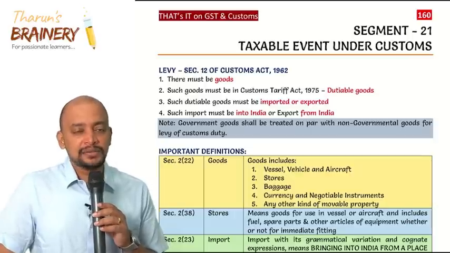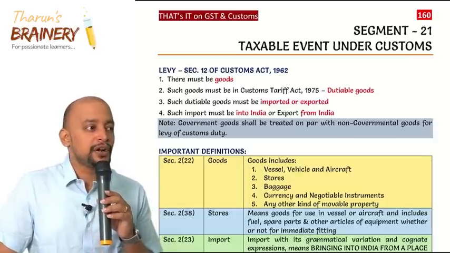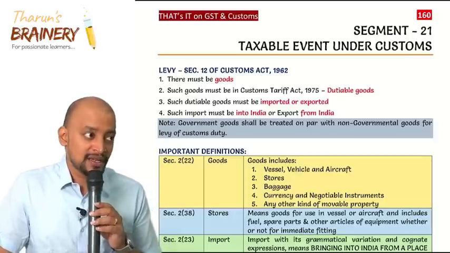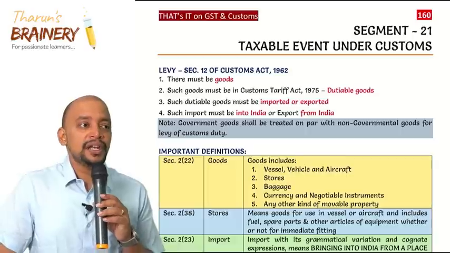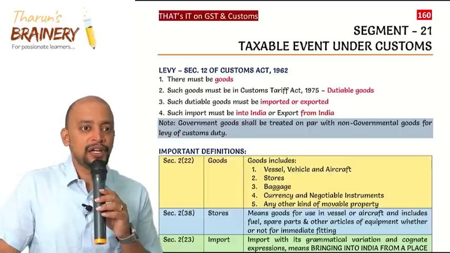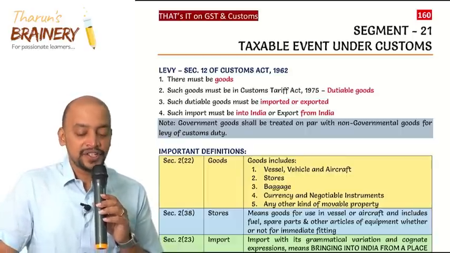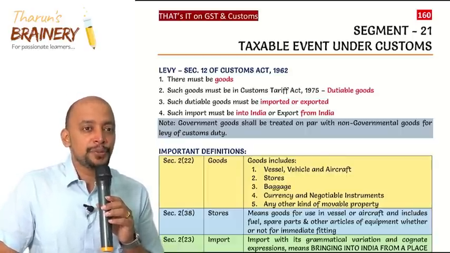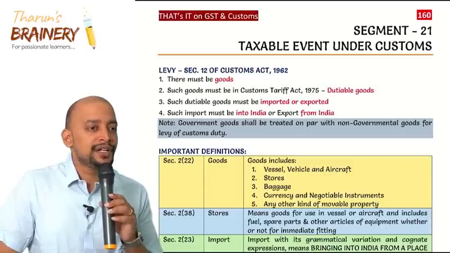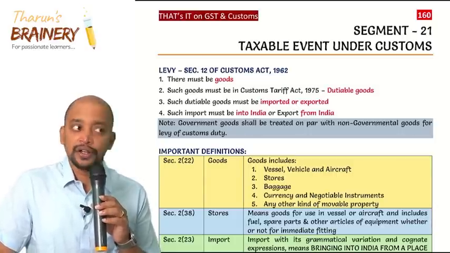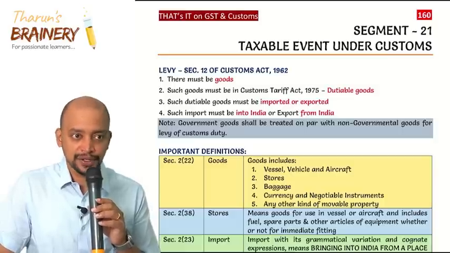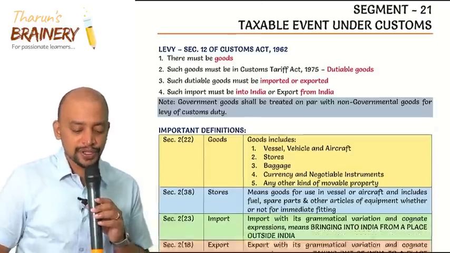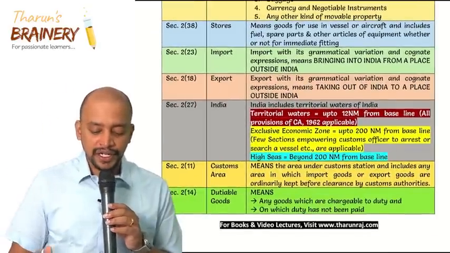Under GST, the meaning of India is up to 200 nautical miles from the baseline, whereas under customs, the meaning of India is only up to 12 nautical miles from the baseline, which means that when the goods are said to be imported, whenever the goods enter the territorial waters, not the exclusive economic zone. So therefore, for the purpose of customs, what is the meaning of India?